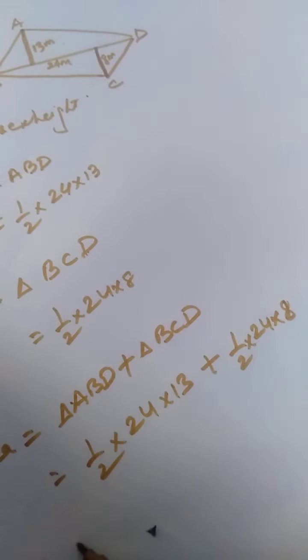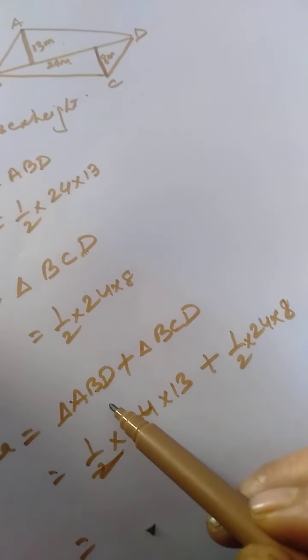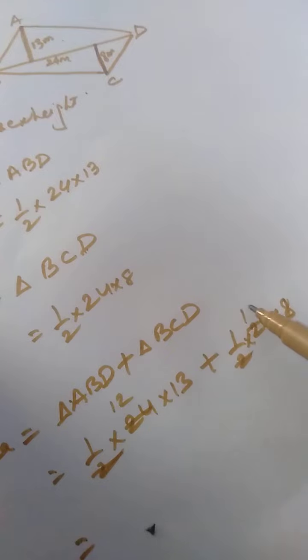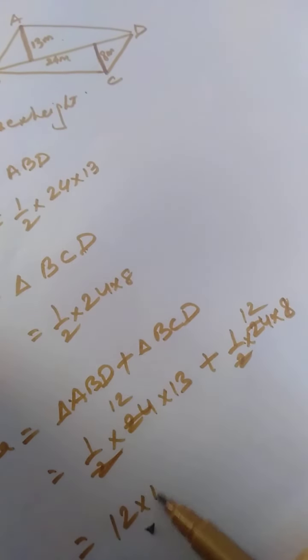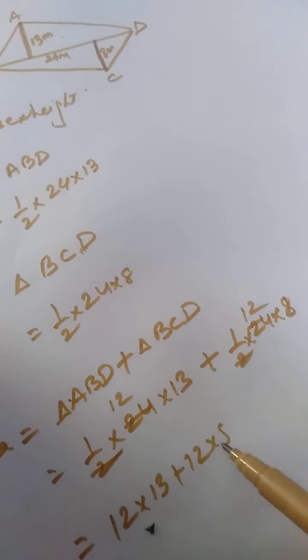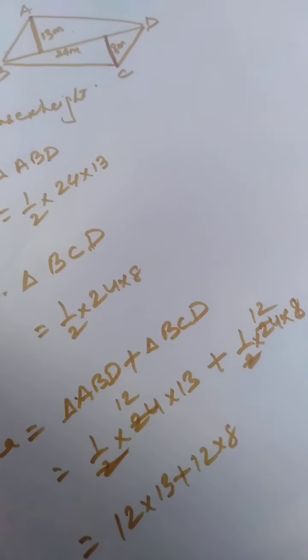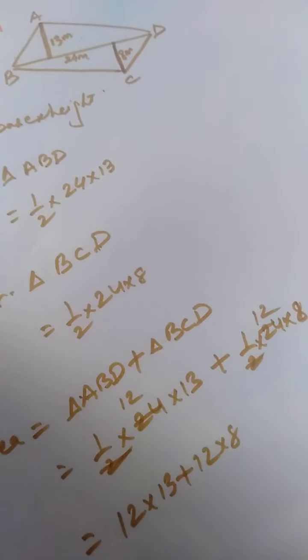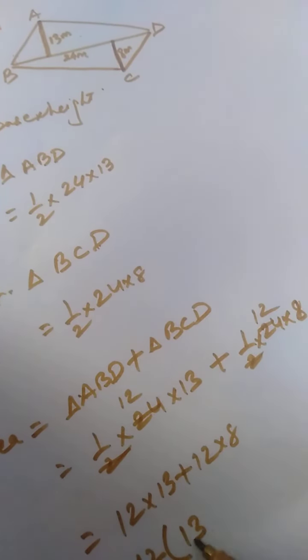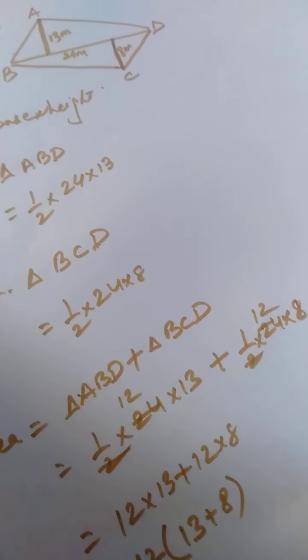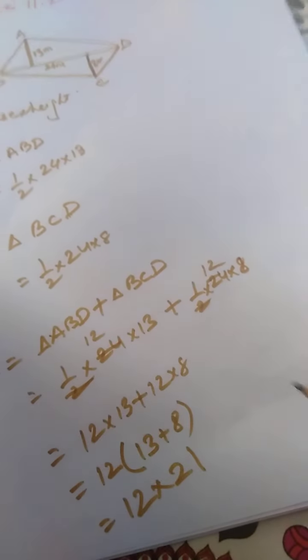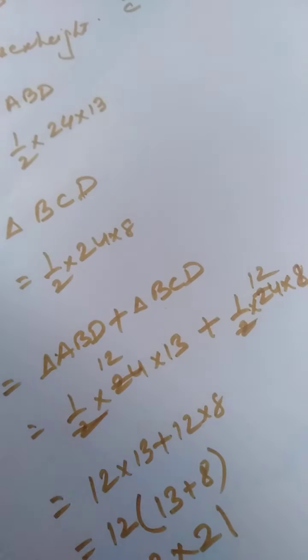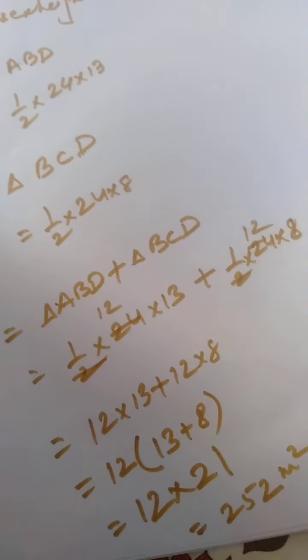You can just cancel here as 12 and 12, then 12 into 13 plus 12 into 8, and 12 is common. 13 plus 8 is 21, so 12 into 21 will be the area, which equals 252 meter square. So this is the area.